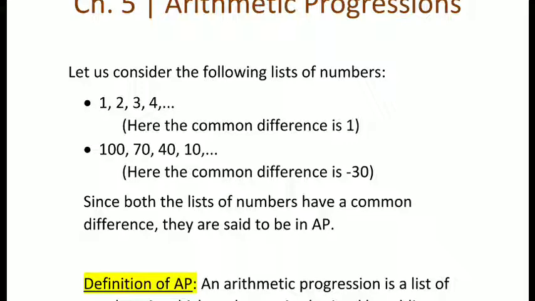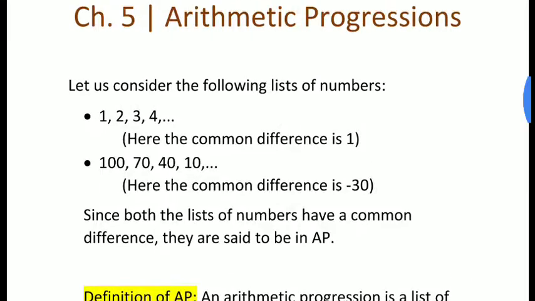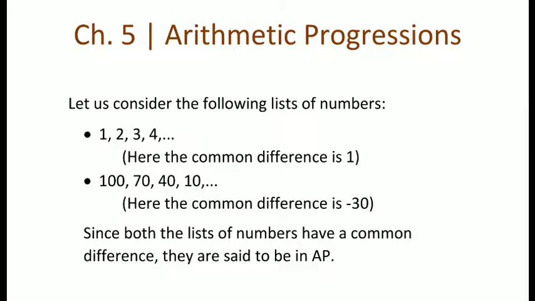That means they have a common difference. So the first group is an example of arithmetic progression, simply AP, and the second group is also an arithmetic progression, since both lists of numbers have a common difference and are said to be in arithmetic progression, simply AP.